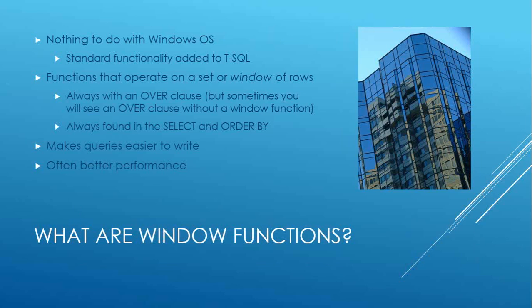And that OVER clause defines the actual rows or set of rows that the function operates on. So we can have a window that's the entire result set, or we can break that down into partitions, and then starting with 2012 we can get even more granular with framing. And again, if this doesn't sound familiar to you, stay tuned today, but then go ahead and review the previous video that I did that did a real deep dive into what these are. They're always found in the SELECT and ORDER BY clauses. That's the only place you can use them.